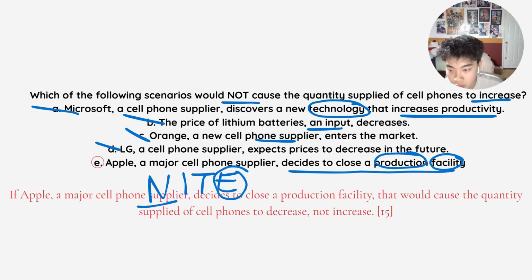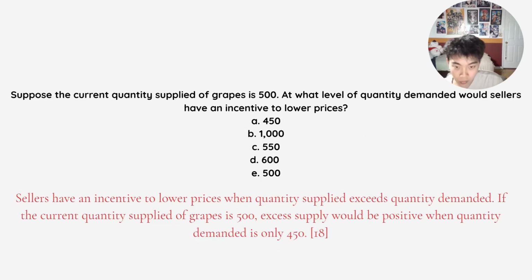So our best answer would be E. If Apple decides to close a production facility, that would cause the quantity supplied of cell phones to decrease, not increase. I guess the answer explanation didn't get blocked out, but that's okay.